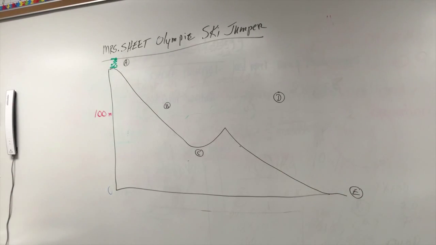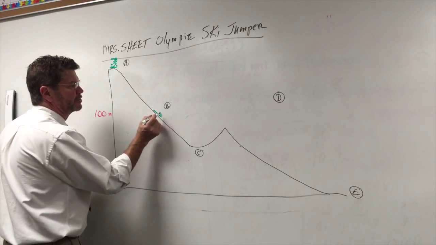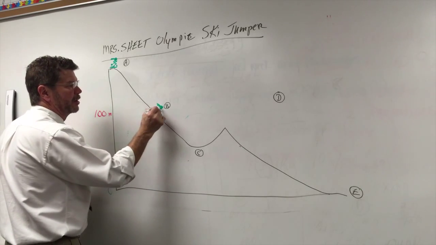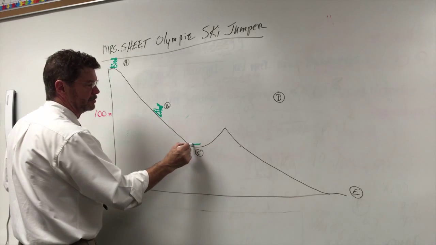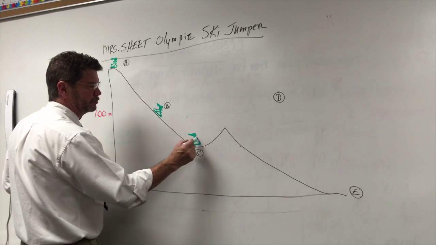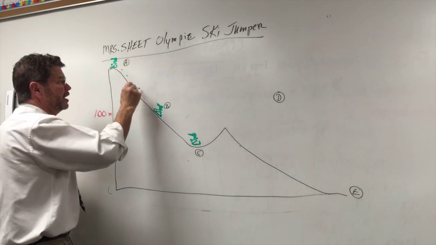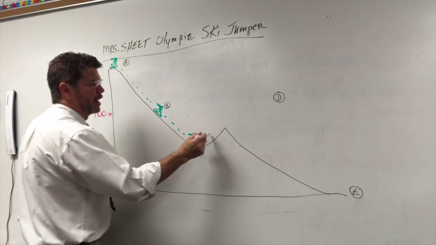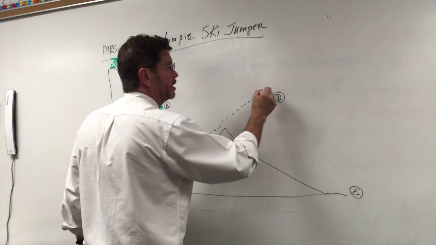So let's get your paper like this. I'm going to go ahead and draw her in. You go ahead and draw it in, right? She's going down here like this. There's her ski. There's her toboggan. Knees are bent. Down here. And then she flies up and she's going. This is the scary part. Can't believe she did it, but she did.